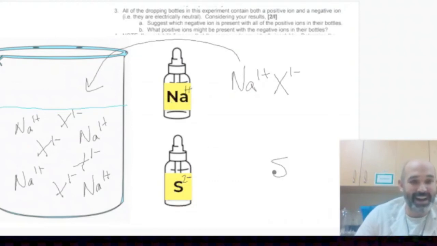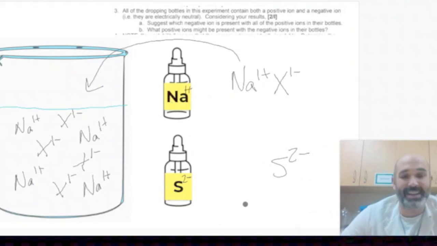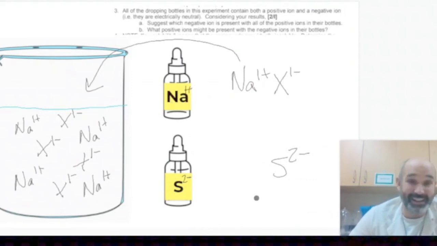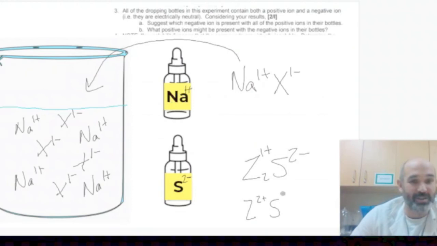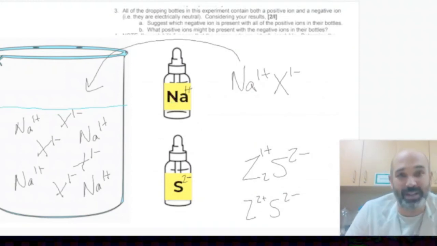So I can't just have a dropper bottle that has S2- anion in it, so sulfide anions. There is some sort, let's call this Z, of ion here, Z, that's coming along for the ride as well. And we know that this has to be positively charged. If it's 1 positively charged, there has to be 2 of them. If Z is 2 positively charged, then there would just be 1 of them. But again, as I throw this into a beaker, it would dissociate or break apart into its ions as well.